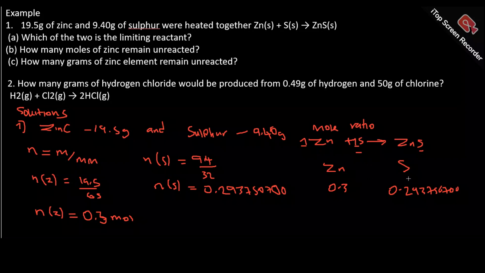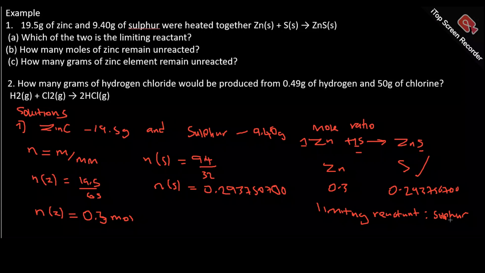Okay, so we can tell that this number is small, so the limiting reactant is therefore sulfur. We're done. We have managed to find the limiting reagent. So sulfur, since it is the limiting reagent, is the one which is going to be telling us how much product we're going to have.